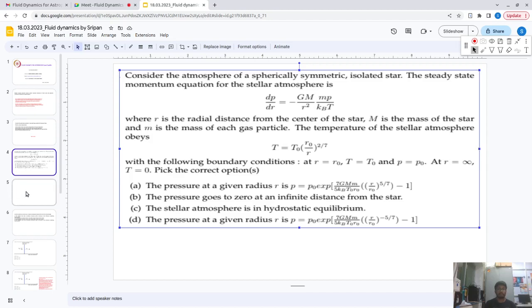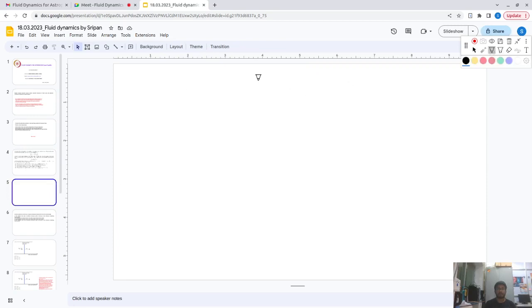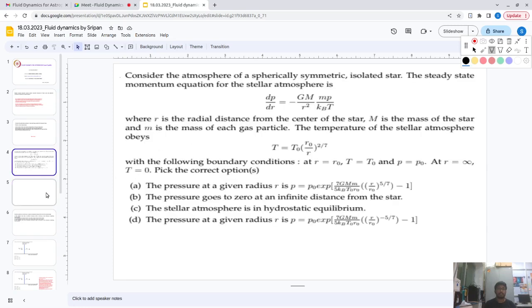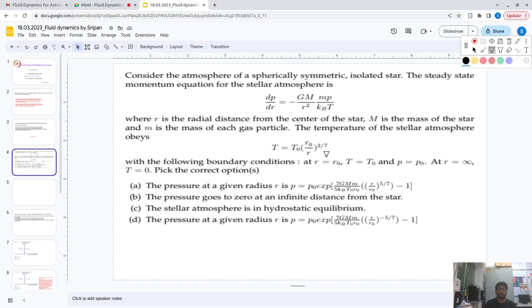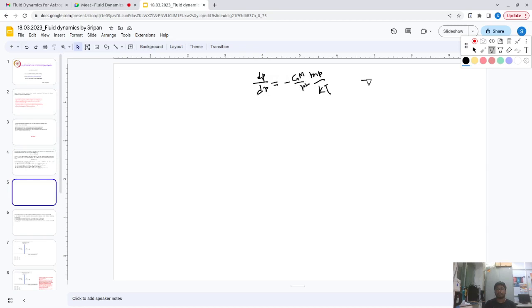So what you have is dP by dr equals minus GM by r squared times rho, where rho is proportional to P m_p by k_B T. Now what else is given is T equals T_0 (r_0 by r) to the power 2 by 7, right?